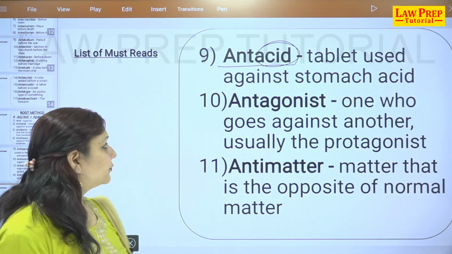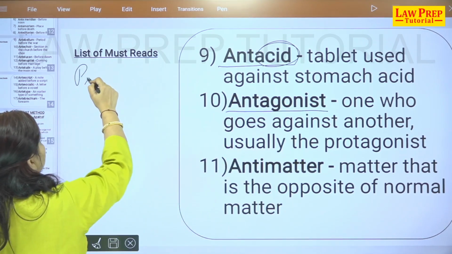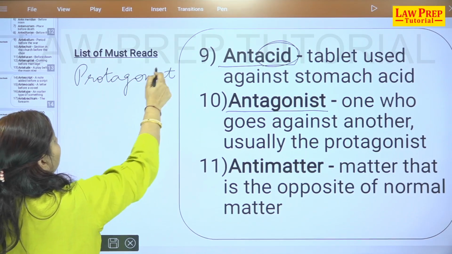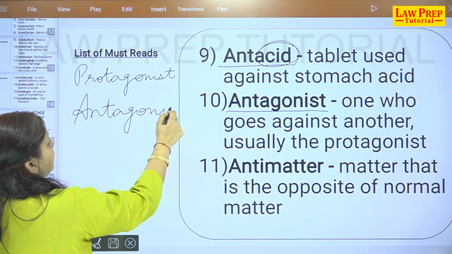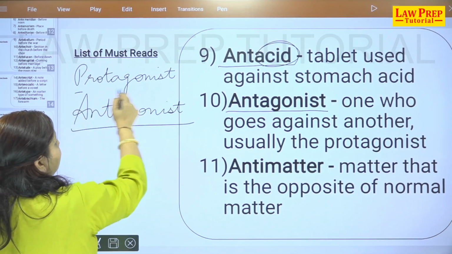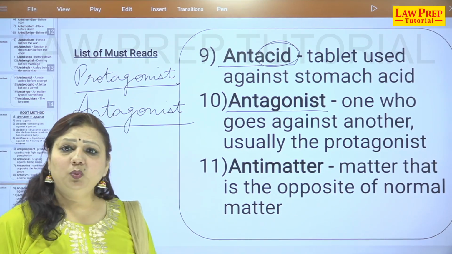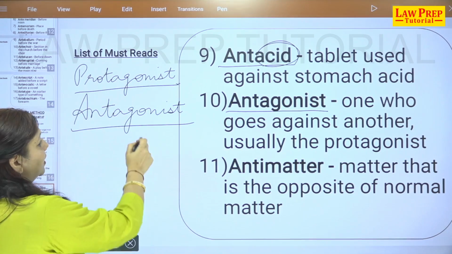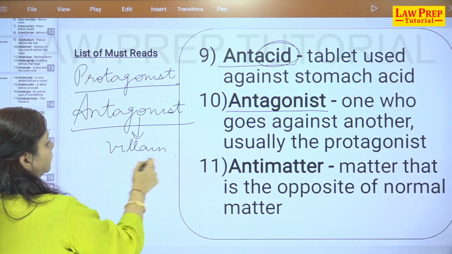We have two words, protagonist, that is the main character, and antagonist, who is the villain, that is the opposite character. So protagonist is the main character and antagonist is the villain. He is the negative shade of the character. He is the opposite of the protagonist. In simple words, he is a villain.